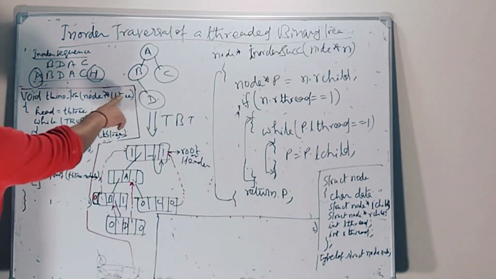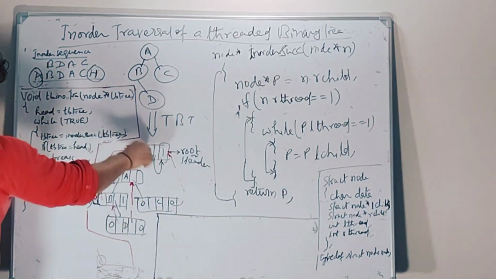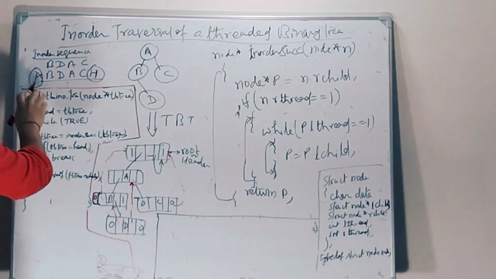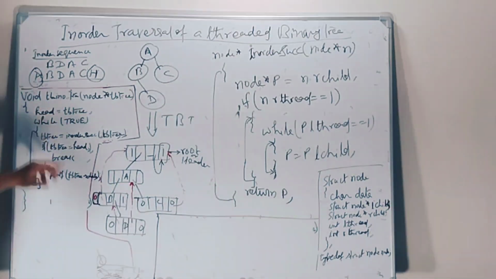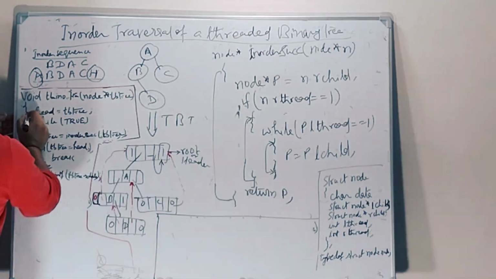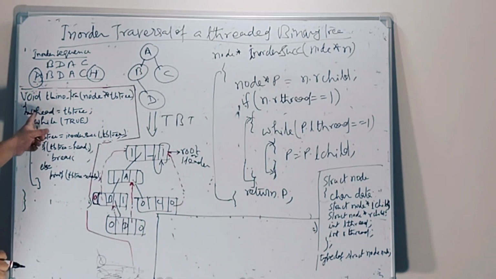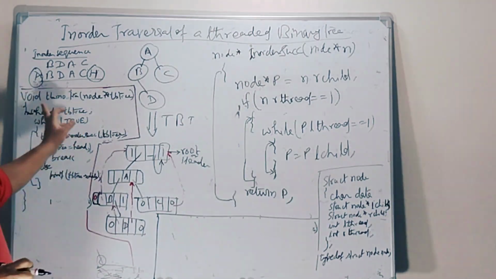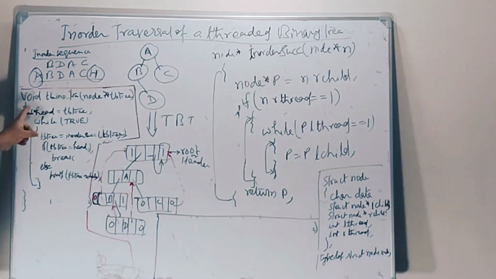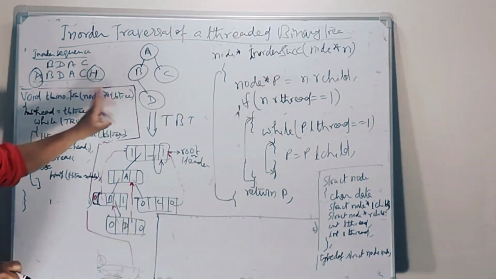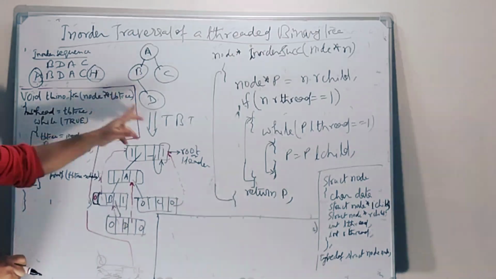I'm passing this value, whatever it is representing. Because this is the TBTree, definitely it will come to the root node, and I'm assigning this value to a pointer named head. So once again it is of type node: node star head means head will also be of type node. I'm taking another pointer, head, which is a type of node, and it will store the address of whatever node the TBTree pointer is addressing.